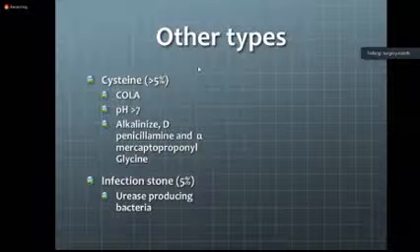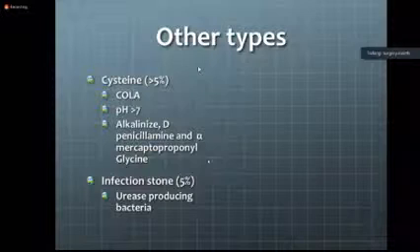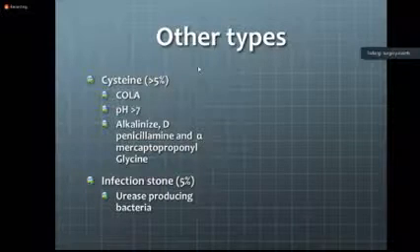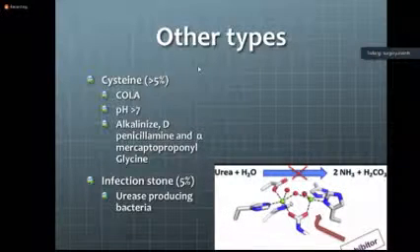Pakistan. The infection stones are a particularly disturbing issue both in adults and children. This is secondary to urease producing bacteria, and the urease producing bacteria results in breakdown of urea into ammonia and bicarbonate.